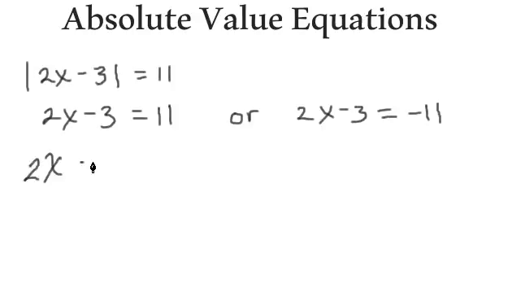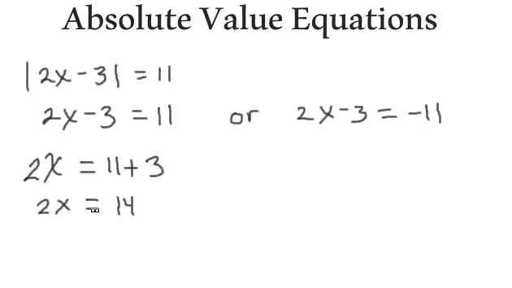Now we have two linear equations and we just solve for x. So we have 2x is equal to, now I'm going to take this 3 over to the right hand side of the equal sign. If it's a minus here, if I take it over it becomes positive. So this becomes 11 plus 3, and then that becomes 14. Now how are we going to get rid of this 2 over here?